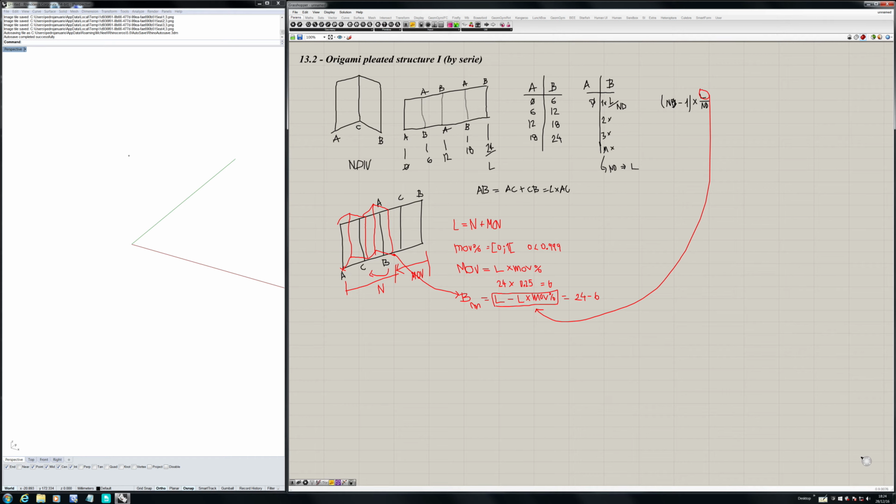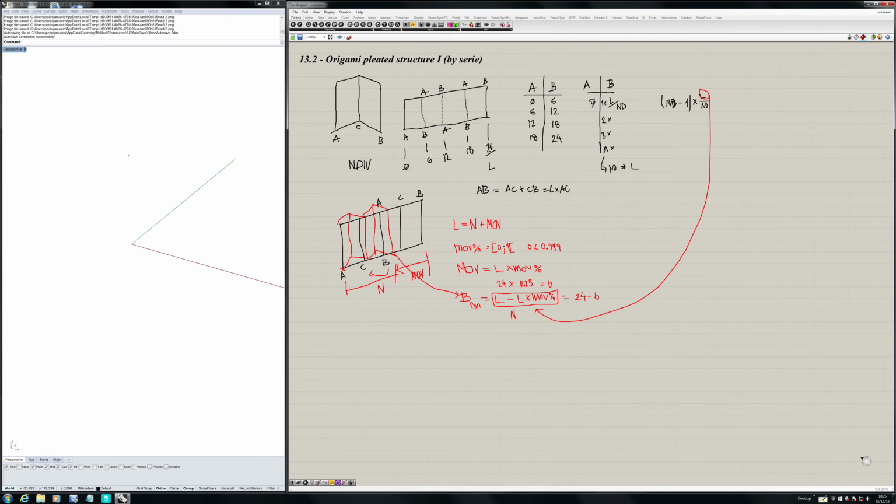Okay, so in this case, this value is n. Let me put red, so this is n. That is, if I reverse this, if I put this here, L minus movement equals n. So this formula is my n.